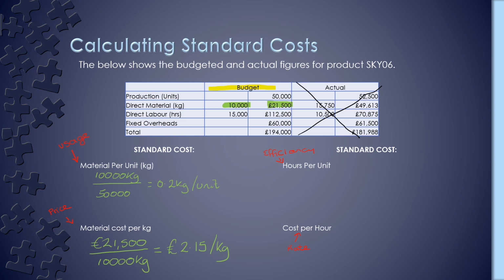Moving on then to our labour, we can see that to make our 50,000 units, we're expecting it to take 15,000 hours, and we're expecting those 15,000 hours to cost us £112,500. Using this, we can work out our expected costs per unit for labour.